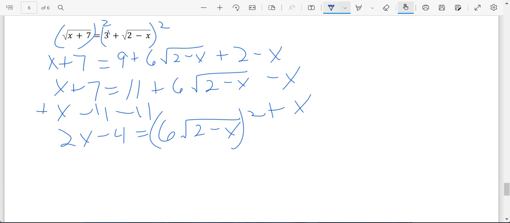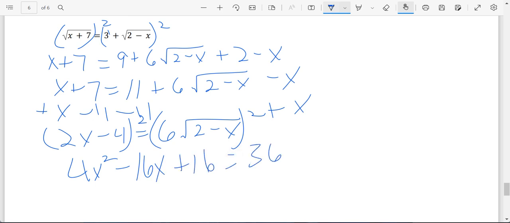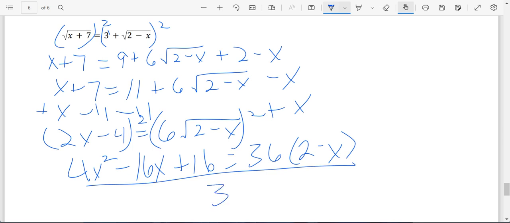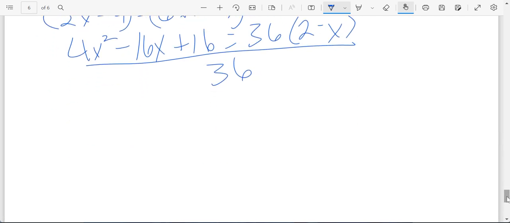Square: 4x squared minus 16x plus 16 equals 36 times parenthesis 2 minus x. So I can divide by 36, which is going to get us not fun fractions, sadly. Well, not terrible fractions, but I want to be able to factor right away.